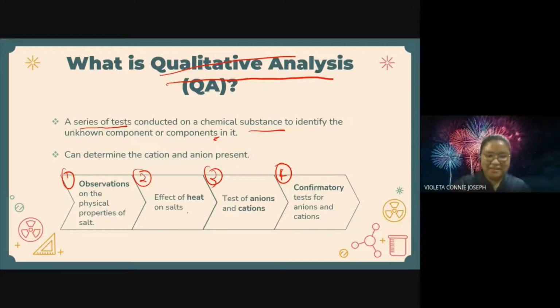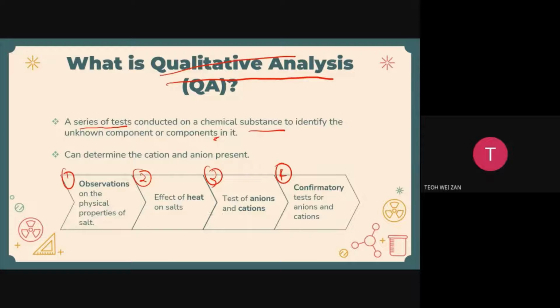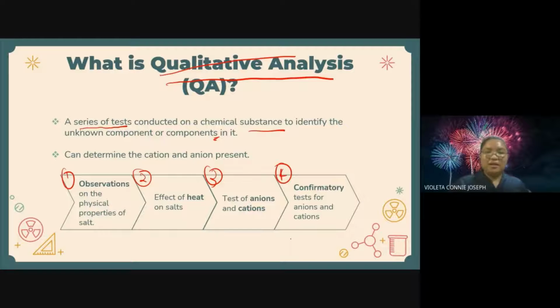Then the second step is the effect of heat on salt. Then followed by the test of anions and cations. Lastly, the confirmatory test for anions and cations. Okay, thank you, Weizan. Good. So these are our main 4 steps.